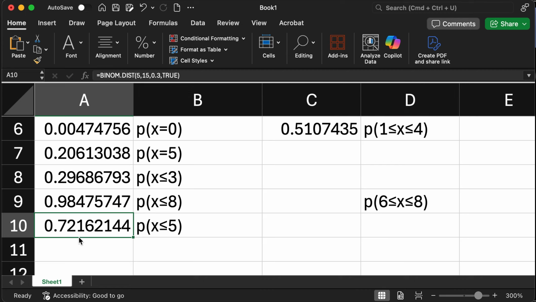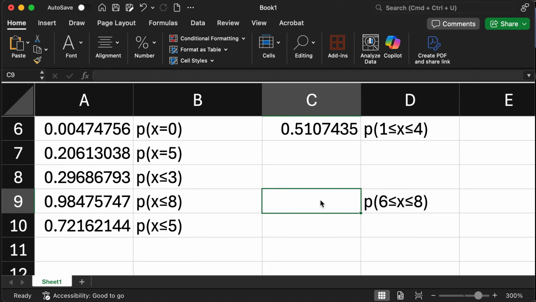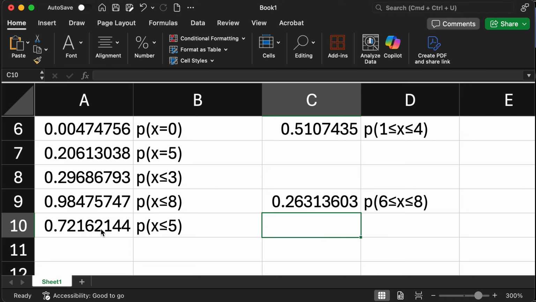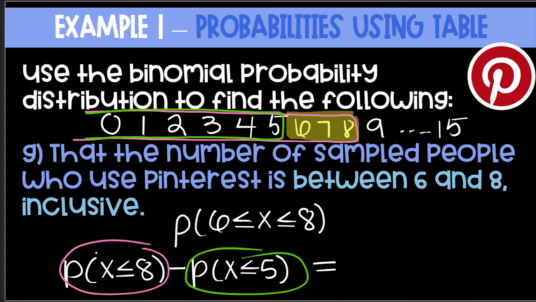I'm going to subtract 0.7216 from 0.9847 equals to the calculation. This one minus this one. 0.2631 is my probability, or 26.31%.